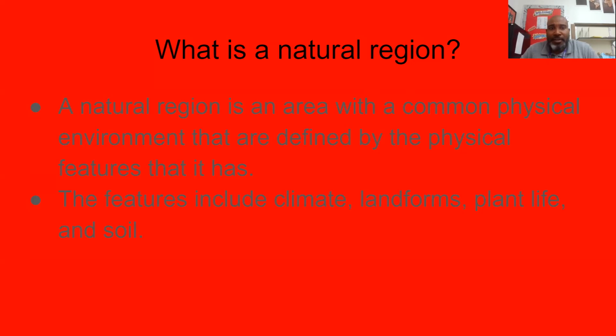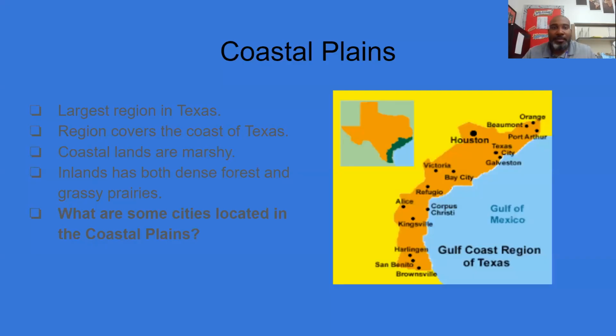These physical features or climates could be hot or cold, or as far as landforms, mountains, deserts, rivers, rolling plains, things like that. It could also be defined by plant life and soil. So these are things that are combined because they have one, two, three, or all four of the things in common. All right, so let's go ahead and look at coastal plains.